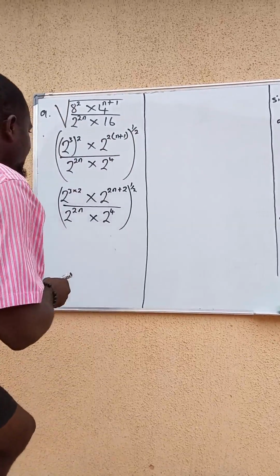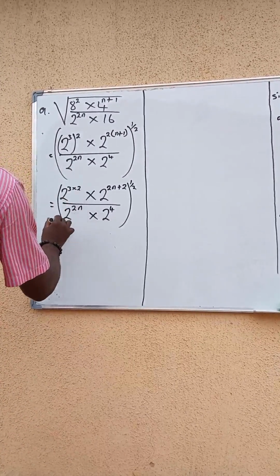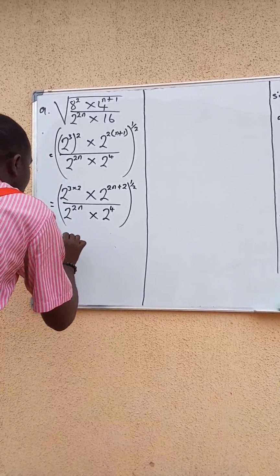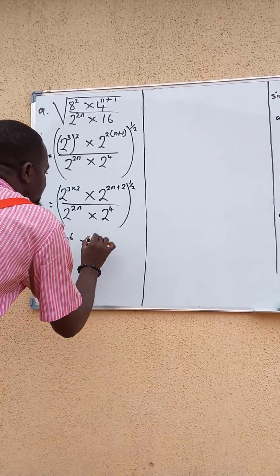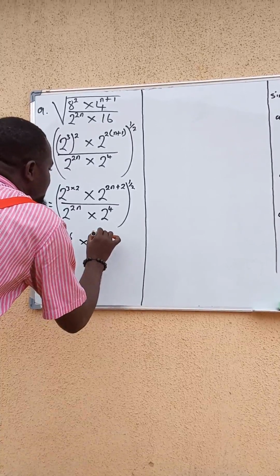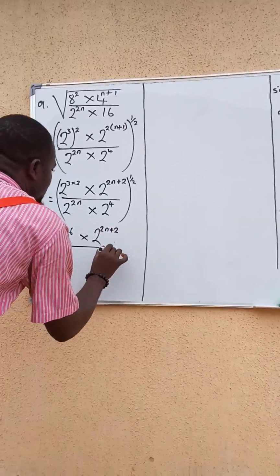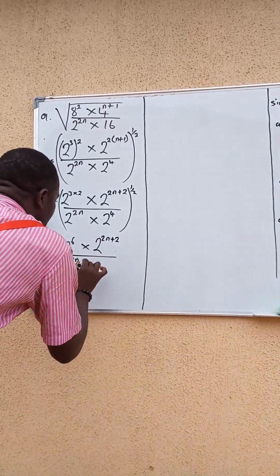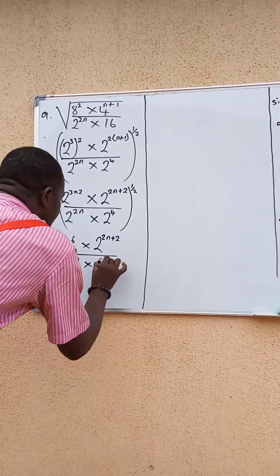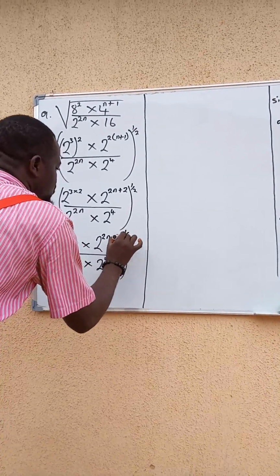Simplifying it, this will give me 2 raised to the power of 6 times 2 raised to the power of 2n plus 2, over 2 raised to the power of 2n multiplied by 2 raised to the power of 4, all raised to the power of 1 over 2.